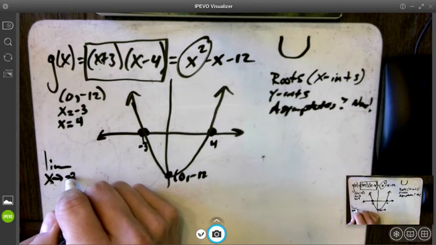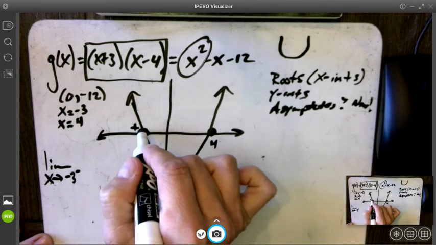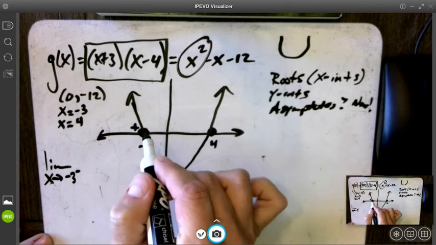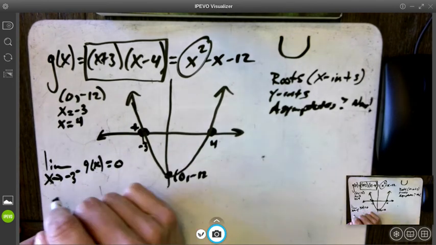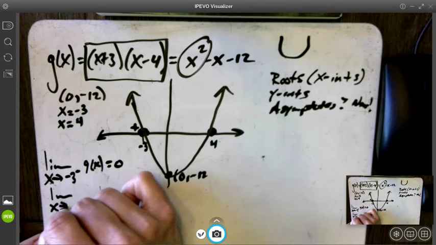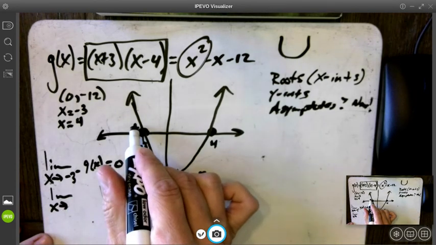Well, if I approach negative 3 from the left, I'm getting a number that is super close to 0, but positive. So the limit will definitely equal 0. If we go slightly before negative 3, the answers will be really small, but positive.